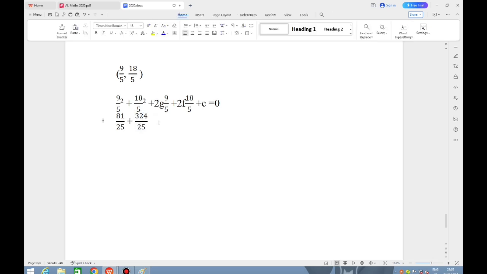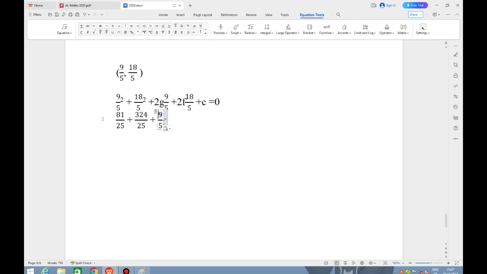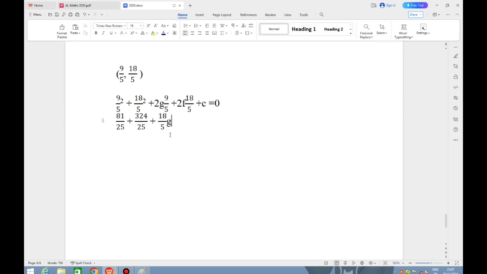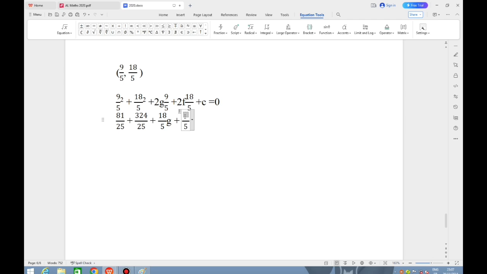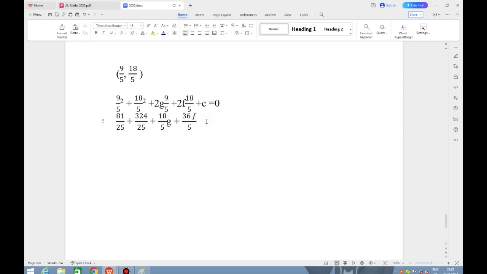Then 2 into that gives us 18 on 5 G, plus 18 on 5 G, plus 2F is equal to 18 times 2, that's 36 on 5 F, so 36F on 5, plus C is equal to 0.